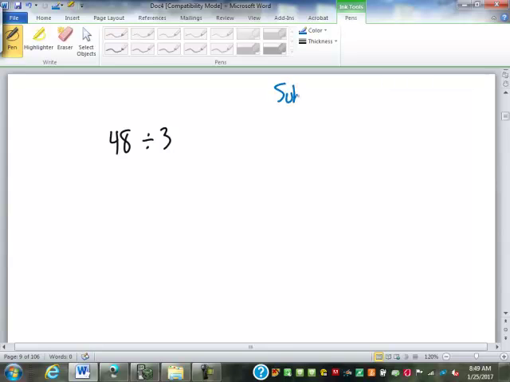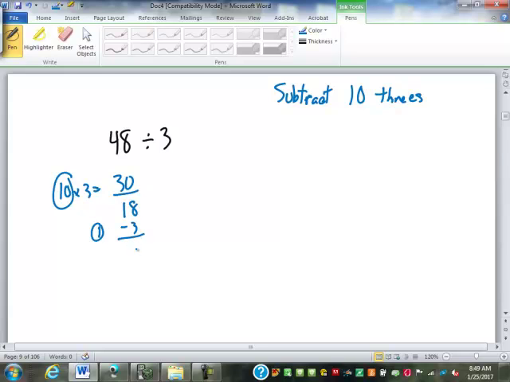Let's subtract 10 of them. 10 3s. So 10 times 3 is 30. I subtract that, I'm left with 18, right? So I've subtracted 3 ten times. Now I can keep subtracting 3 here. One more time is 15.